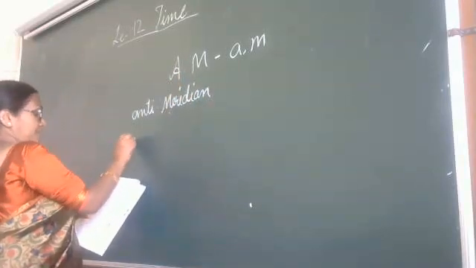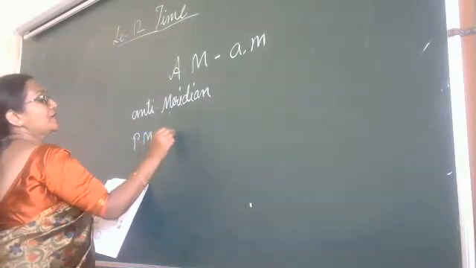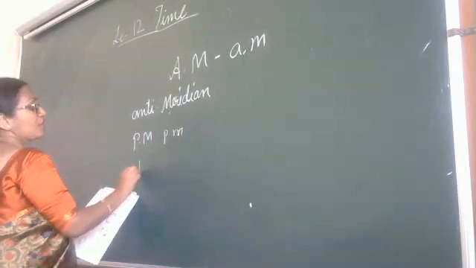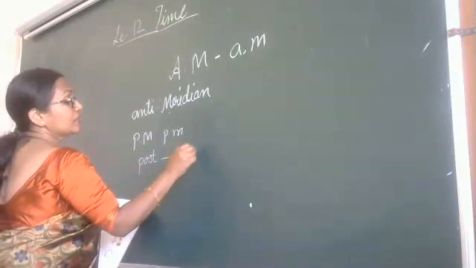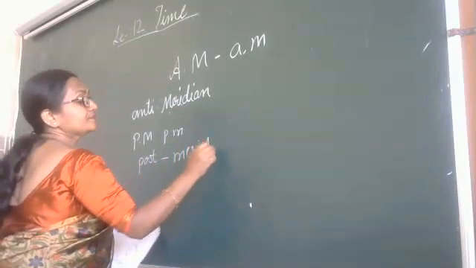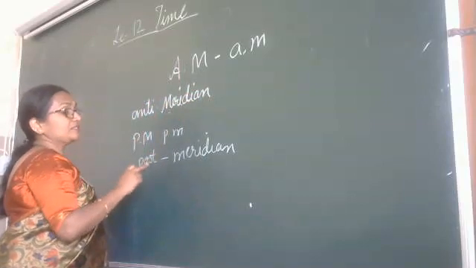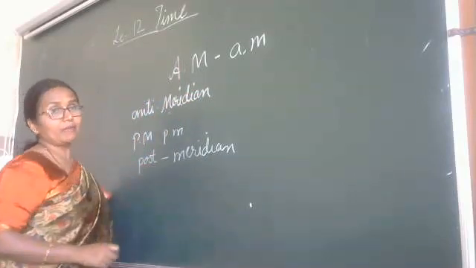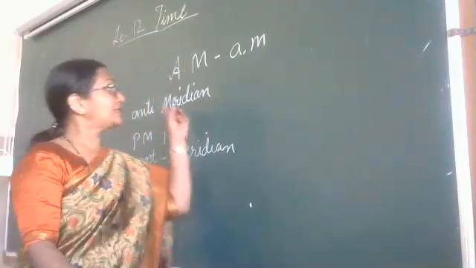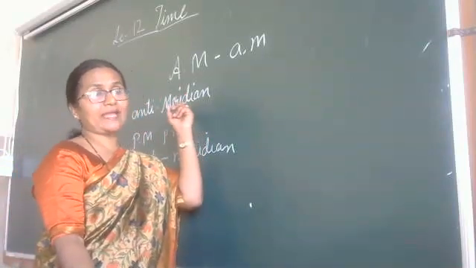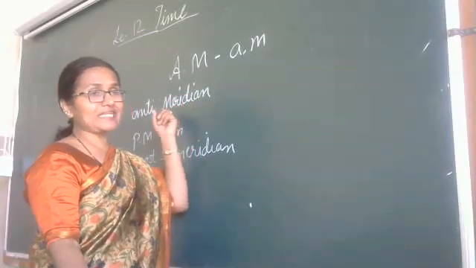And PM, which we also write in small letters, stands for post-meridian. AM stands for anti-meridian and PM stands for post-meridian. The time between midnight and 12 noon is AM. AM means anti-meridian.